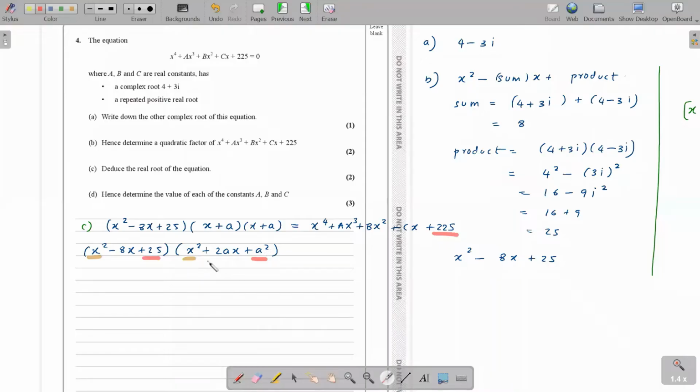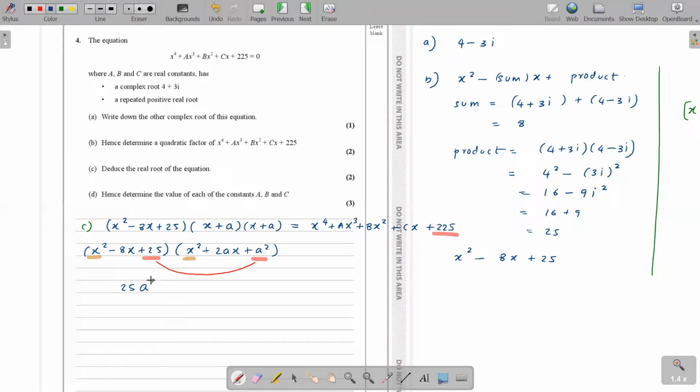Is there anyone else here who will be involved to give you this constant 225? No, because every other term involves an x. So when you expand the bracket, every other multiplication will give you the x coefficient. The only multiplication that doesn't give you the x coefficient is the multiplication between 25 and a square. So 25 multiplied by a square should produce the 225. Do you agree with me?